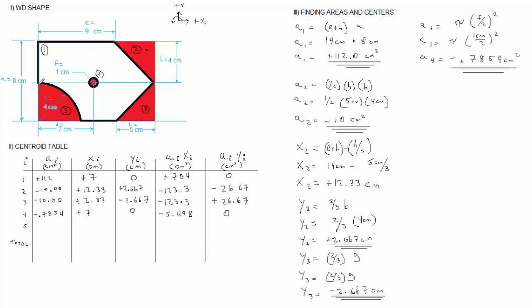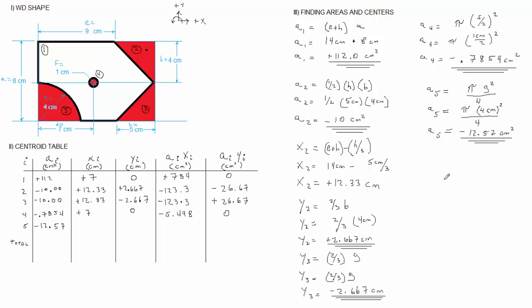And now for shape 5. Shape 5 is this quarter circle. And the area of a quarter circle is the area of a circle, which is pi r squared. The radius is g, but then since it's a quarter circle, we divide that area by 4. Shape 5 was cut out, so that's a negative.